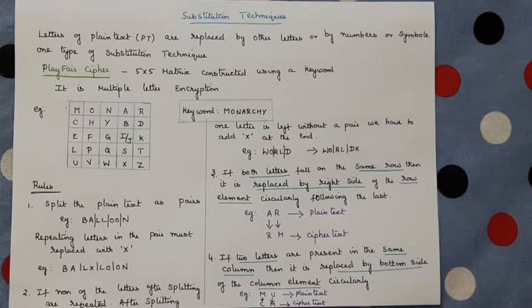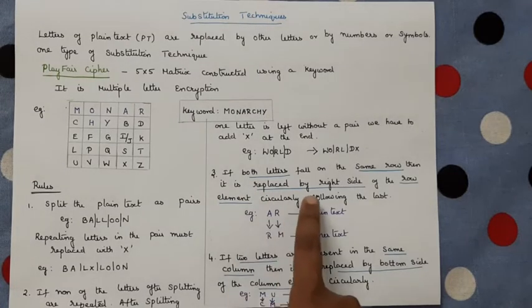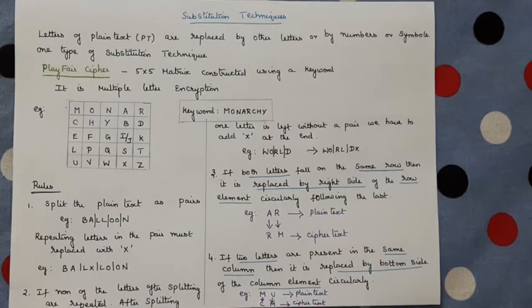I'm just going to check it. So if both letters fall on the same row, then each is replaced by the right side element of the row, circularly following the last.